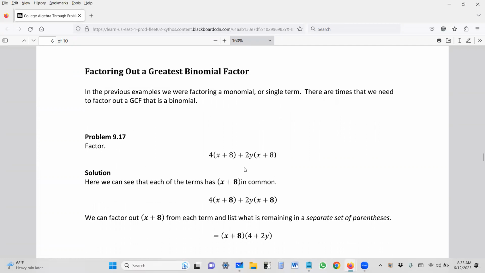Okay, there's another type of greatest common factor that happens when we have, as you see here in problem 917, two terms, and each term has a parentheses expression, and inside of the parentheses expression, we have the same identical factor, x plus 8. So when that happens, that becomes the greatest common factor.